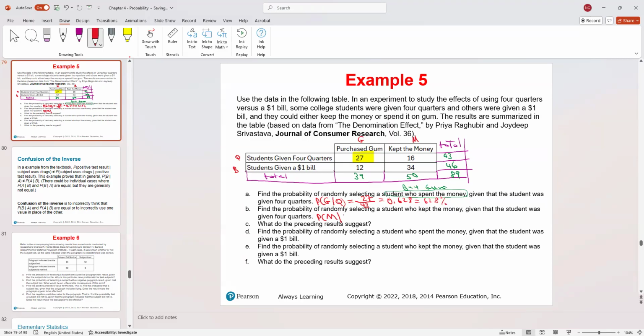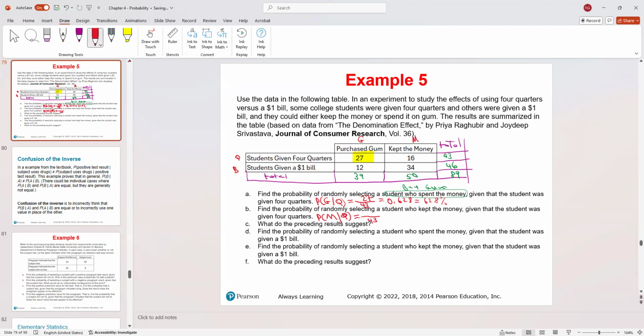So that means given that Q. Again, as I said, the given that is always the one you use to divide. So what should you divide by again? Yes, 43, because that's the one you know.